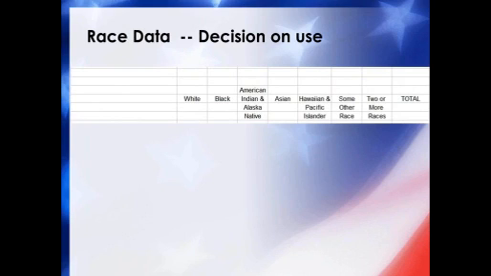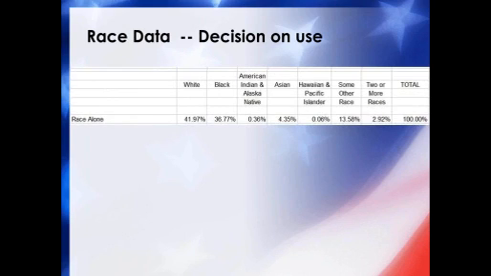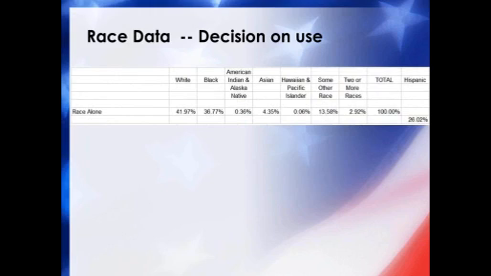Indeed, if we look at race alone in this jurisdiction, we can see that all the races add up to 100%, including the 2 or more. But you'll see that that does not include Hispanic, because Hispanic is not a race. Go to the next slide, and we'll see what happens if we add Hispanic in there. Well, in this jurisdiction, Hispanics is 26%. Well, you can't add the 100% plus the 26.